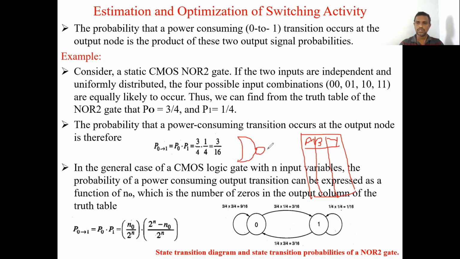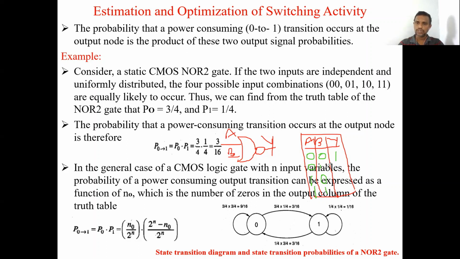So this is the NOR gate, where A is an input, B is an input, and Y is the output. Here we will apply some inputs. Two inputs means we get the four combinations 0 0, 0 1, 1 0, and 1 1. If you apply 0 0 here, for an OR gate you will get a 0, but it is a NOR gate, so we will get the 1.